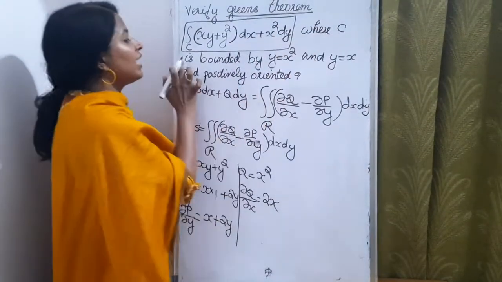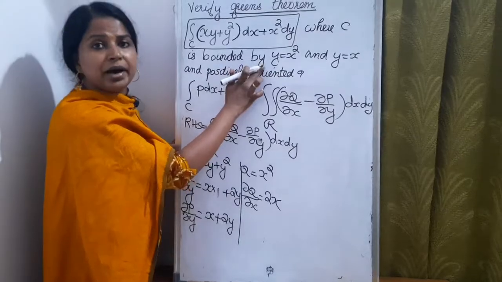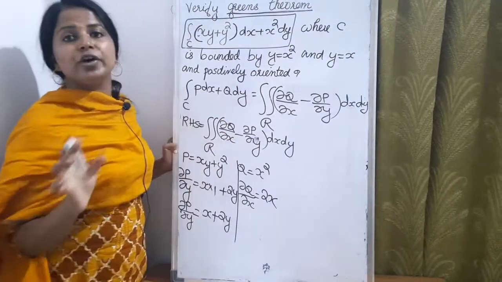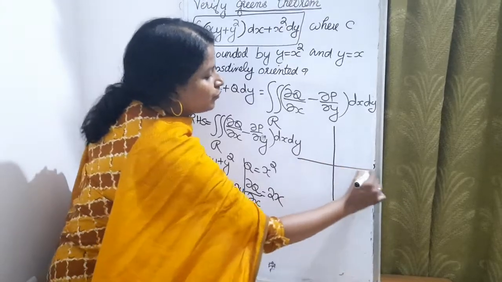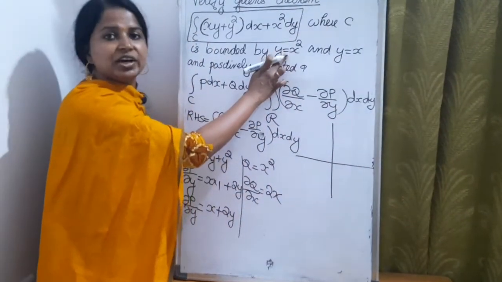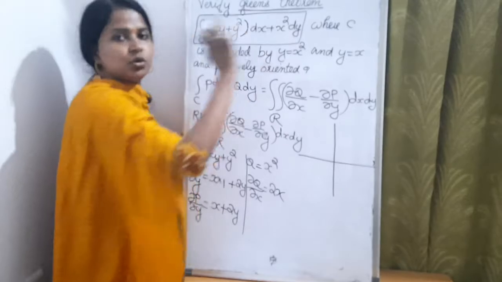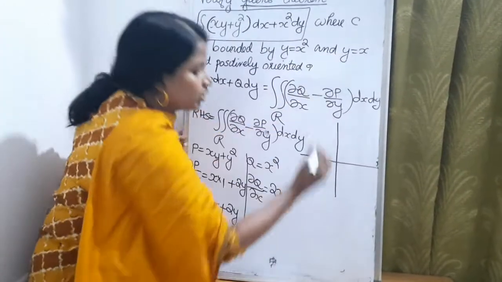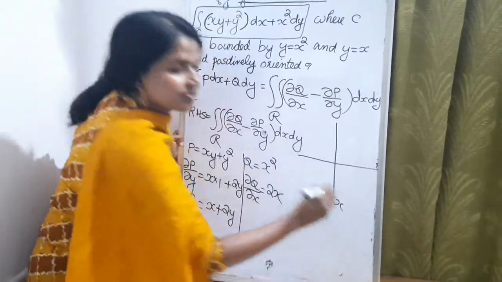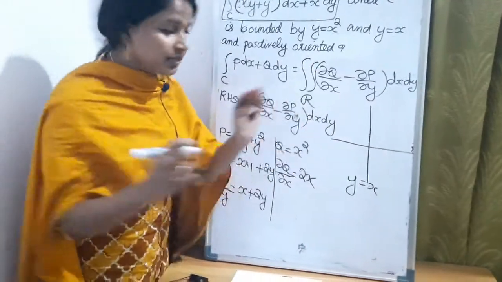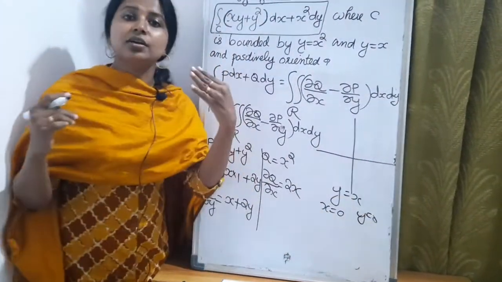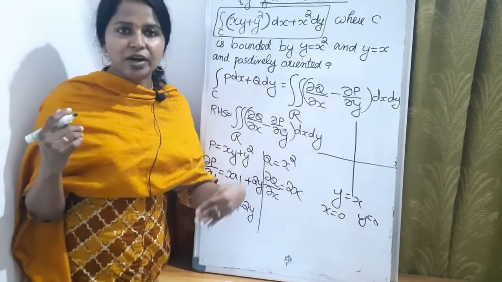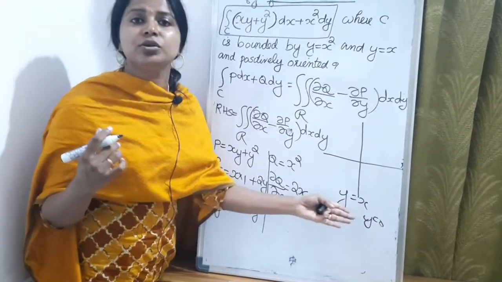Then C is bounded by y equal to x square and y equal to x. First we draw the diagram, the graph, using these two equations. First, y equal to x. If we take x equal to 0, y equal to 0; x equal to 1, y equal to 1; x equal to 2, y equal to 2.